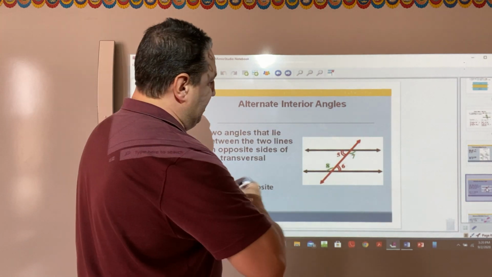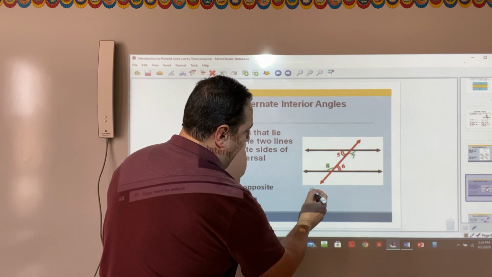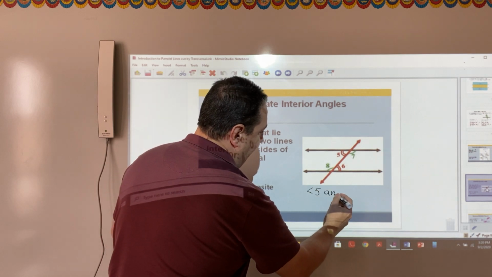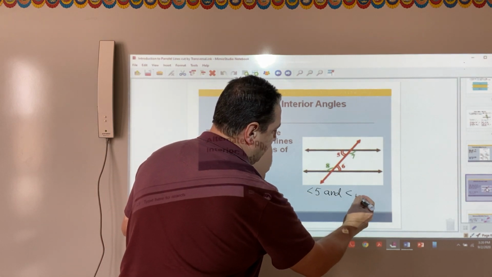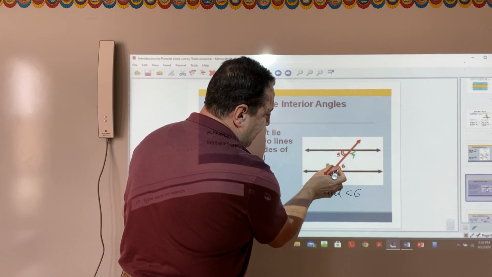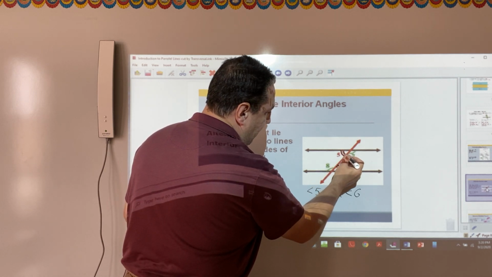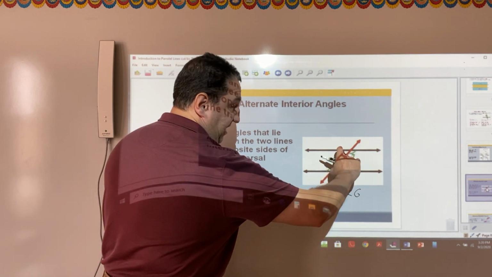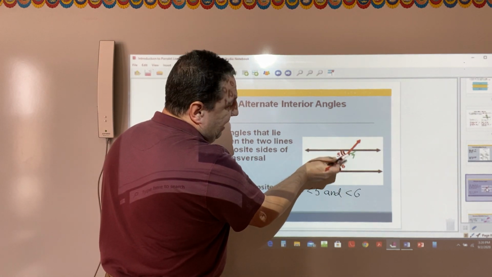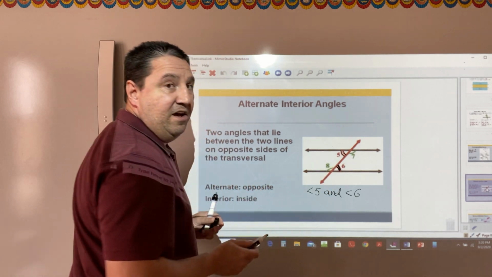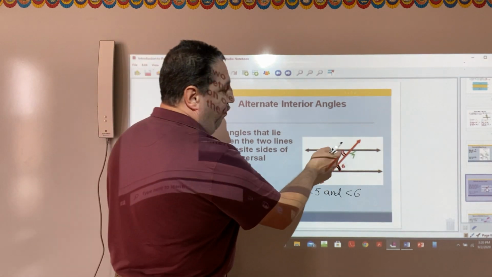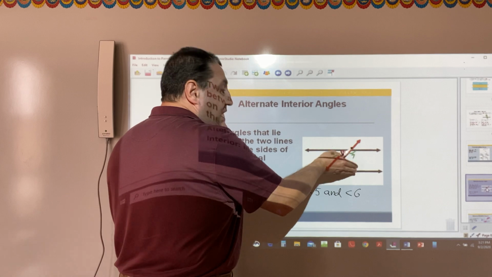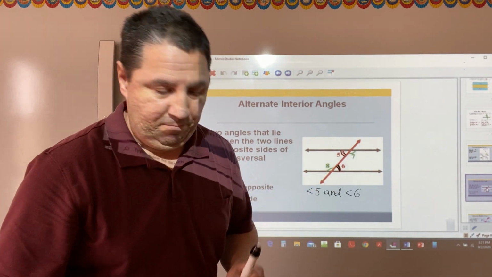So, examples are angles 5 and 6. As you can see, these two angles are alternate interior. Why? Because both are inside the parallel lines, but they are on opposite sides of the transversal. 5 is on the left side, 6 is on the right side.